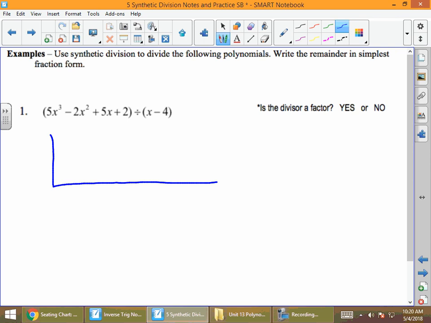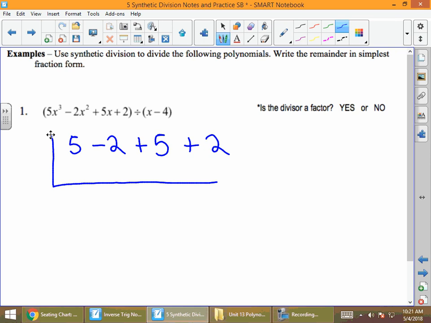Because our first line is going to be 5, the number in front of the x cubed, minus 2, the number in front of the x squared, plus 5, plus 2. That second 5 was in front of the x, and then the plus 2 was the constant. We're dividing by x minus 4.